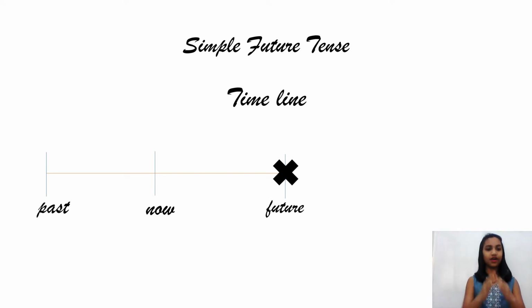Now is a verb or an action happening at this particular time. Future is a verb or an action that is going to happen. Okay? So now we know the definition of simple future tense in both ways, the brief explanation and the simple explanation.